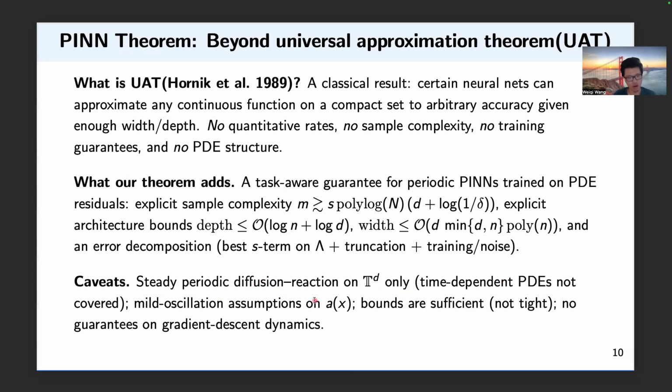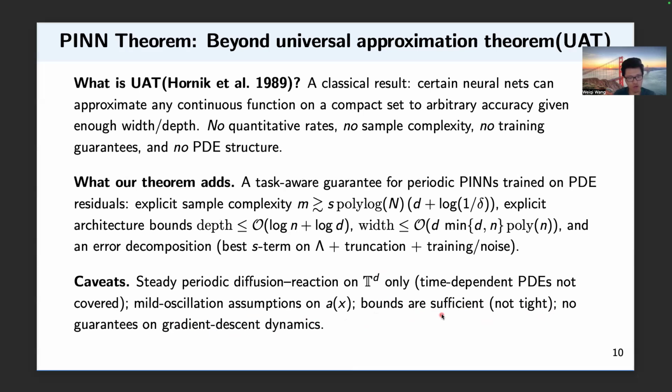We have assumptions, for example in A, and the bounds we have are not too tight. Also, we did not analyze the error from the optimizer, like the gradient descent dynamics. Okay, so this is our theorem.